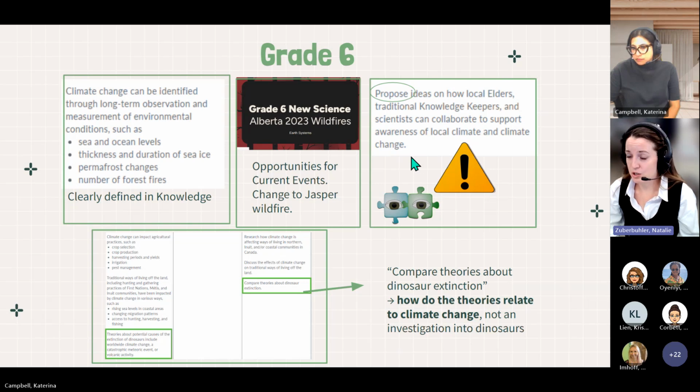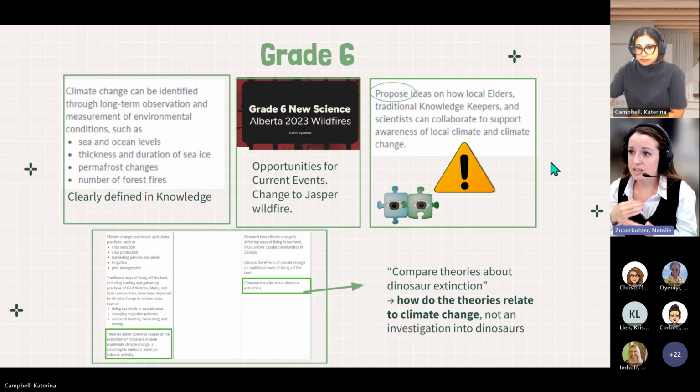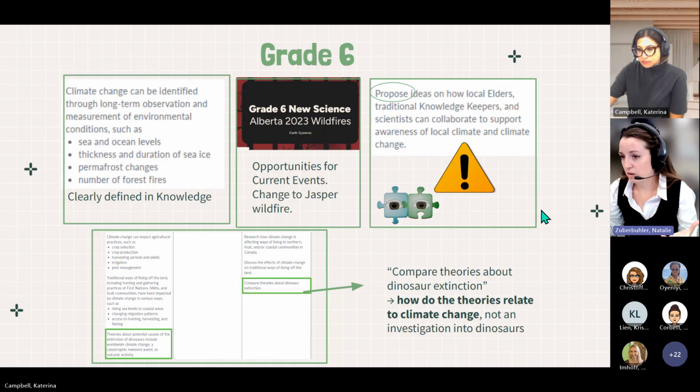I think it would be better to compare and contrast some of the amazing traditional ways of knowing that many of our Indigenous communities have regarding climate change, instead of us thinking that our ideas are more important, better, or different. This is not in line with two-eyed seeing.